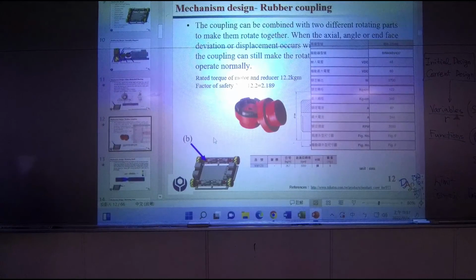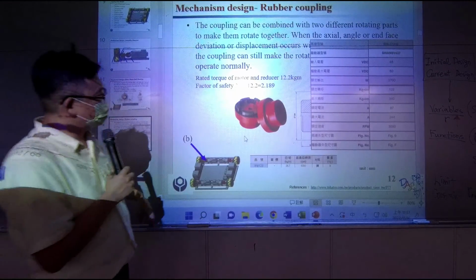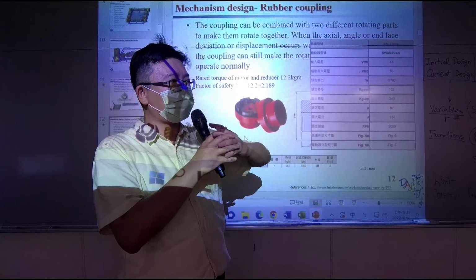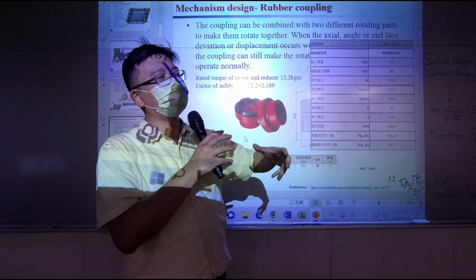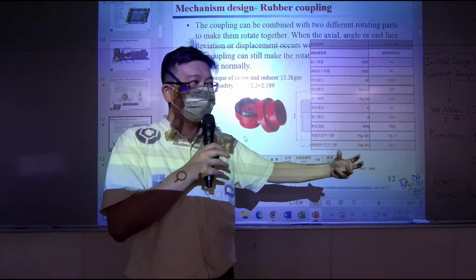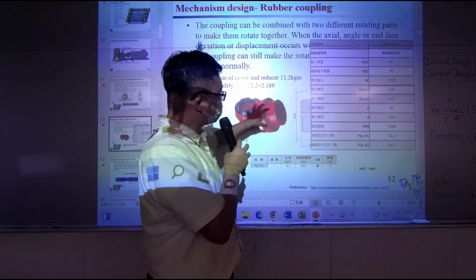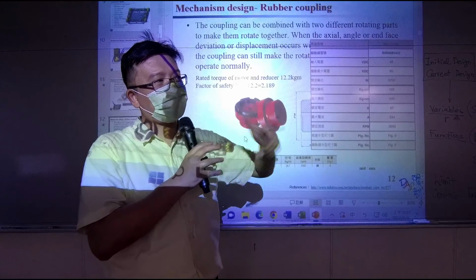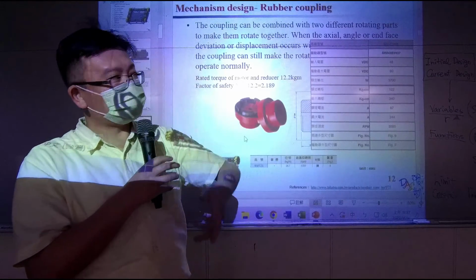And for the rubber coupling, the connector, because it's the connector that transmits the motor torque to the wheel, this device definitely needs to carry the torque generated by the motor.